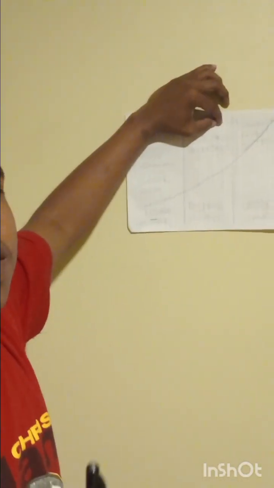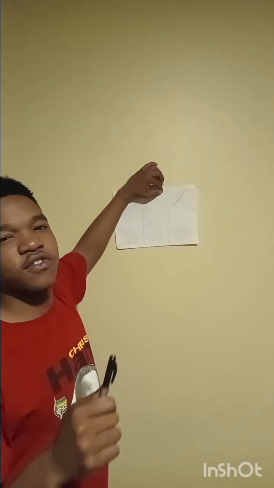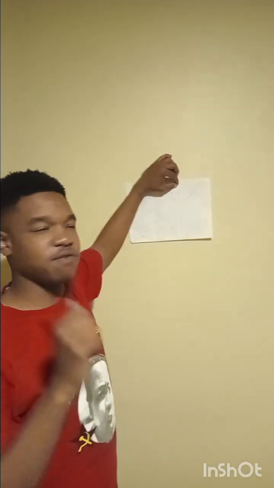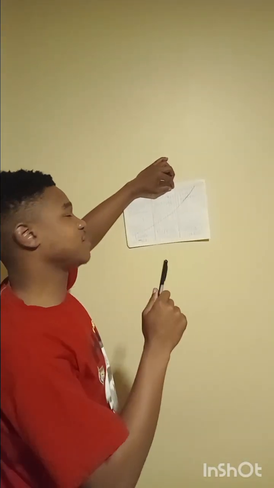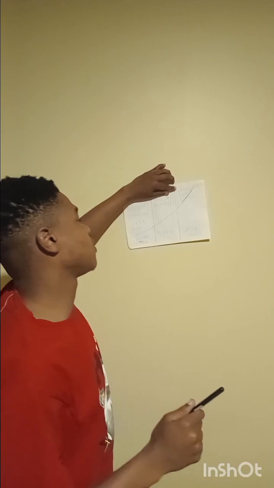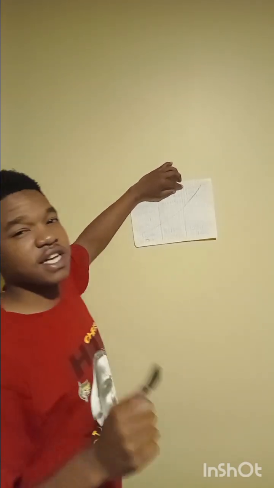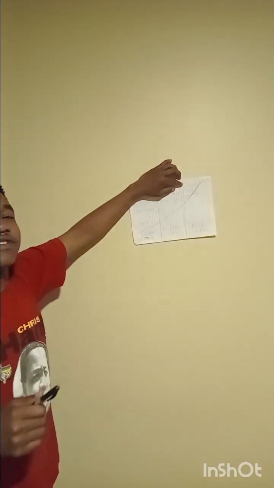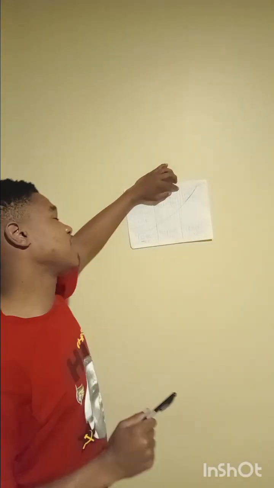Remember that an Oxbow Lake forms from a meander, and the meander is at the middle course of the river. But when the Oxbow Lake is formed, it is formed at the lower course of the river. We also have levees and deltas, but today we are mainly focusing on the levees and deltas.